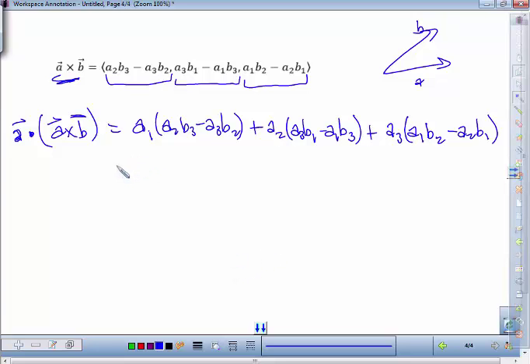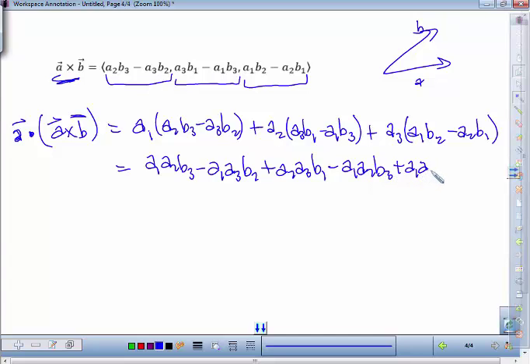That's a lot of work, but let's go through it. This is A1A2B3 minus A1A3B2 plus A2A3B1 minus A1A2B3 plus A1A3B2 minus A2A3B1.